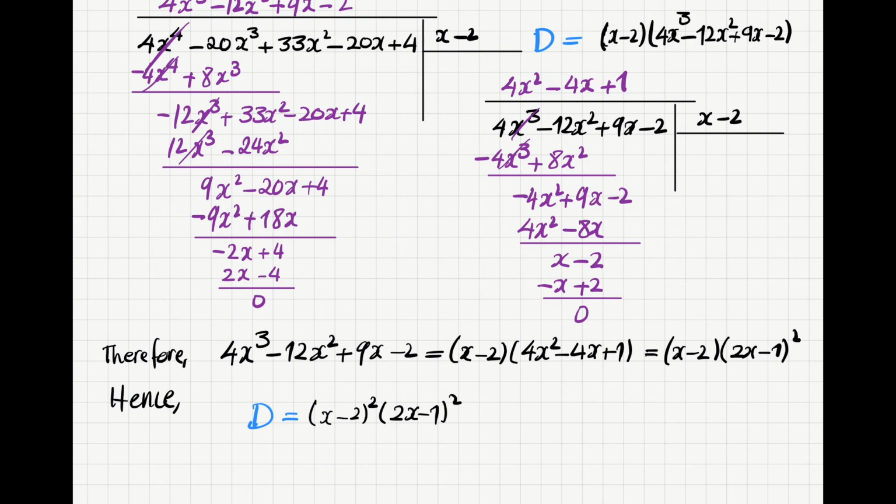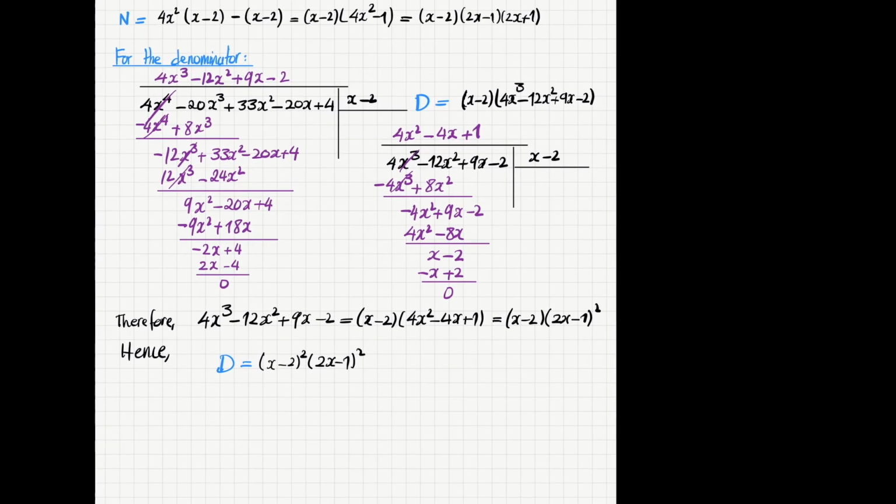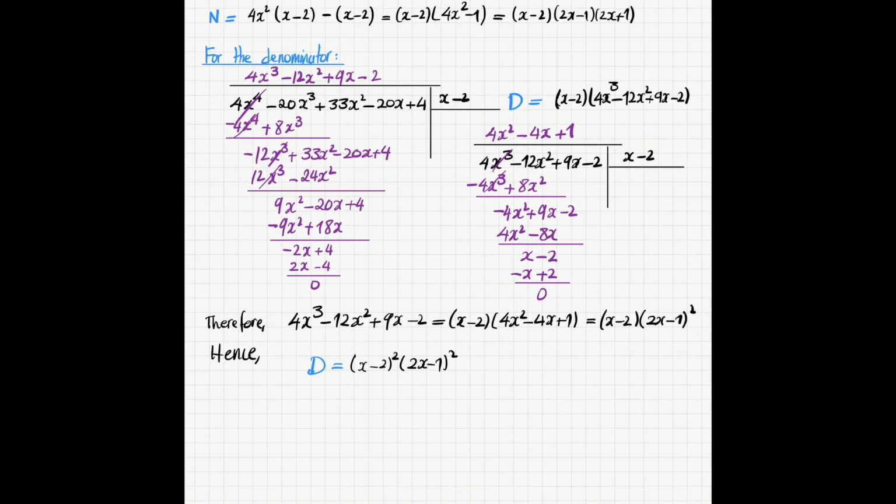Okay, and now everything is okay, so I can make it a little bit smaller so that you can see it. The question that I want to answer is of course the numerator divided by the denominator, which becomes equal to, the numerator is x minus 2, 2x minus 1, and 2x plus 1.